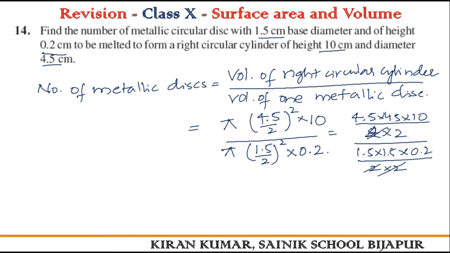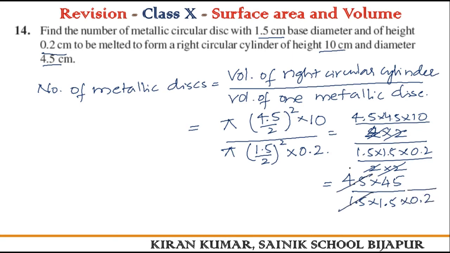This 2 into 2 will get cancelled. We'll be getting 4.5 into 4.5 into 10 divided by 1.5 into 1.5 into 0.2.